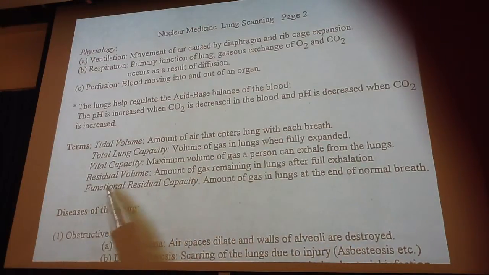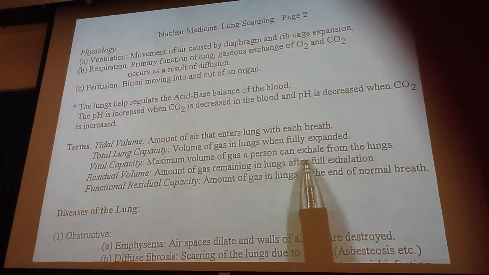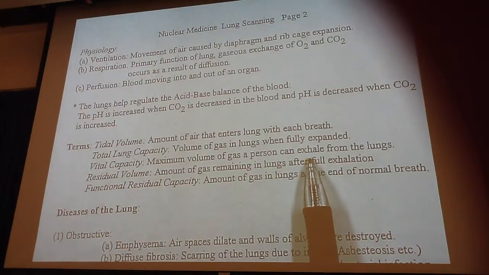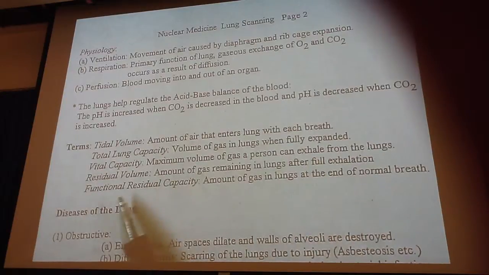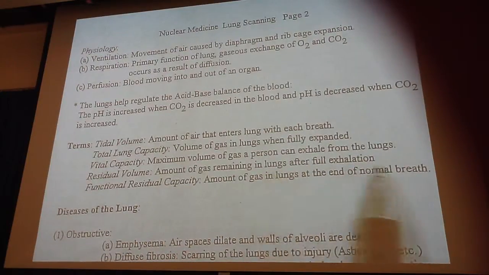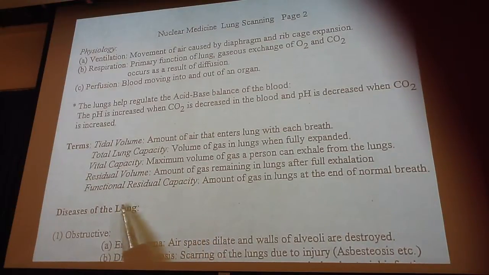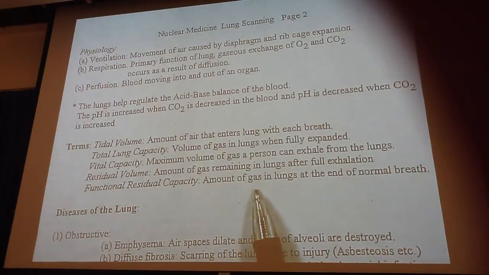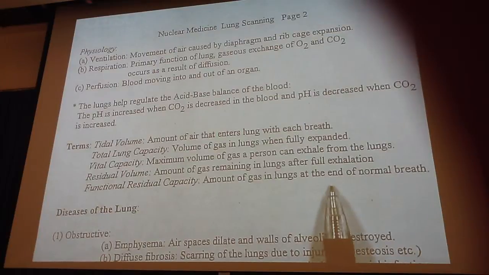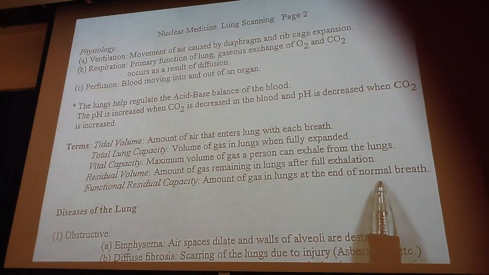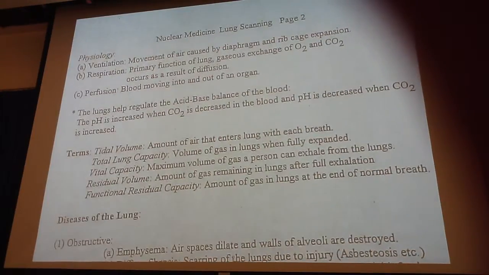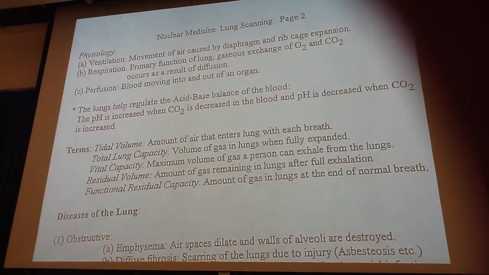Then the vital capacity is how much air you can exhale. So they'll tell you to blow out, blow out, blow out. Anything that's left in there after that is your residual volume. And the functional residual capacity is the amount of gas in your lungs at the end of just a normal breath. Like I said, the majority of reasons why we do this test is what?